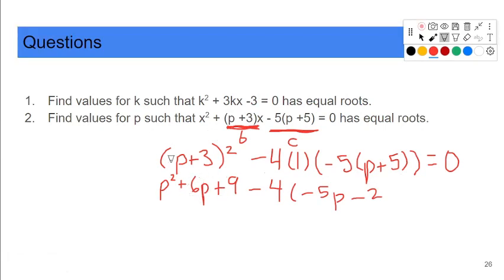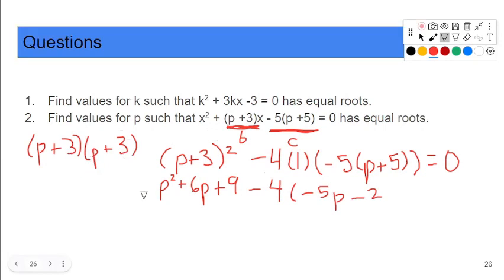Yeah, I just expanded here, so like normal, (p plus 3) times (p plus 3). So p squared, we multiply this by this, plus 3p, plus 3p, plus 9.